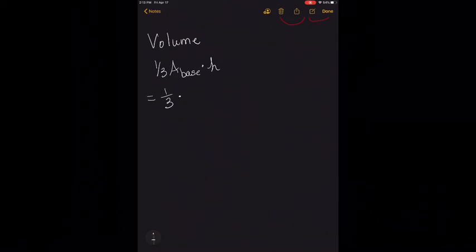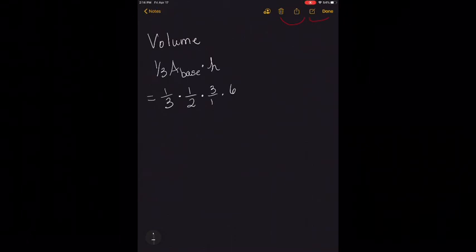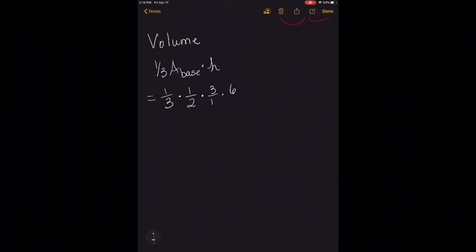Okay, so that is equal to 1/3, and they give us our base. Our base is a triangle. Remember, a triangle is 1/2 base times height. So 3 times, wow, I can't hardly see this. That's a 6. 1/2 times 3 times 6.